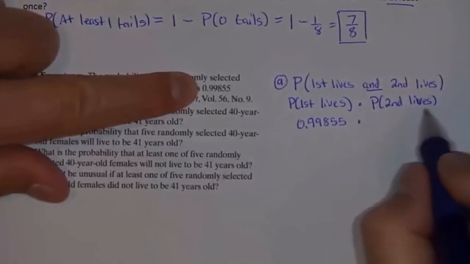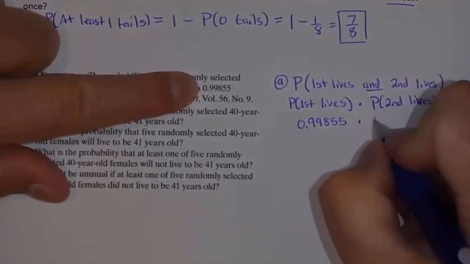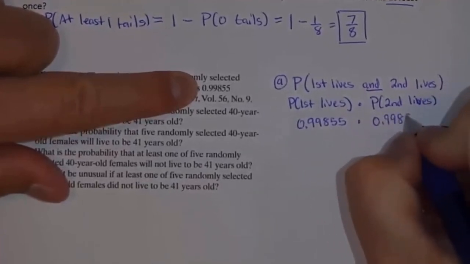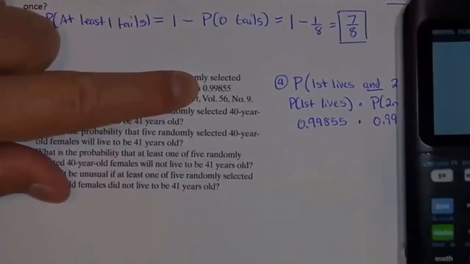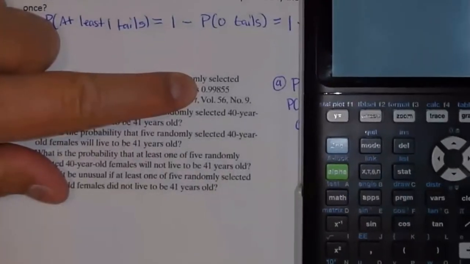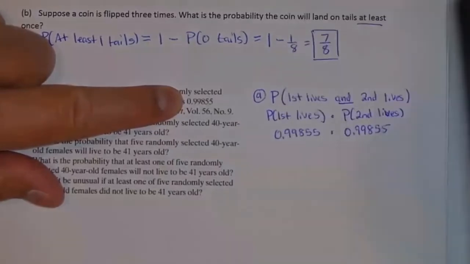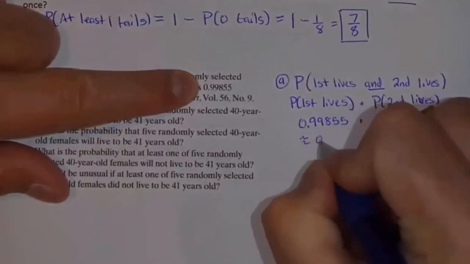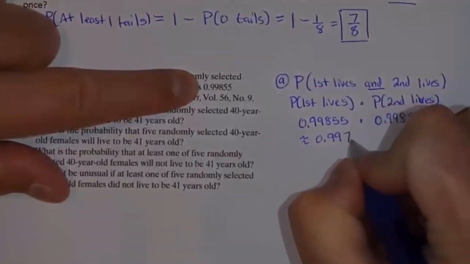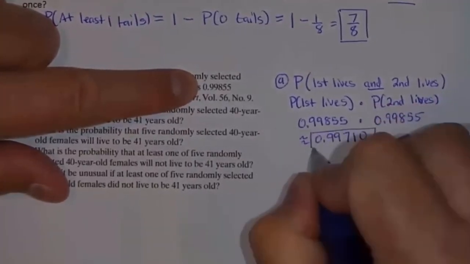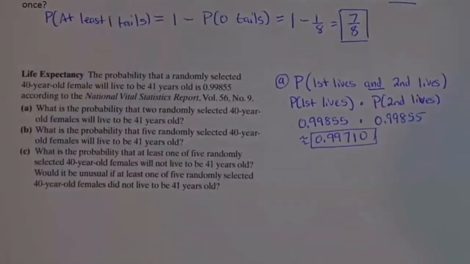The probability that the second female lives to be 41 is also 0.99855. So if I pull in my calculator, 0.99855 times 0.99855 is 0.99710 if I round to 5 places. So this is approximately 0.99710. That is the probability that if I randomly select 2 40-year-old females, both will live to be 41. So pretty likely, right? Almost certain.